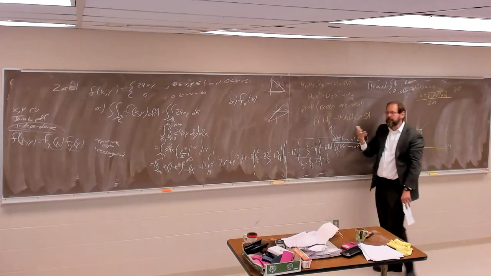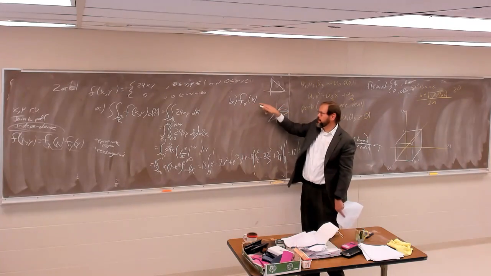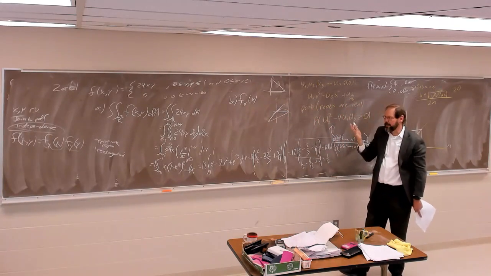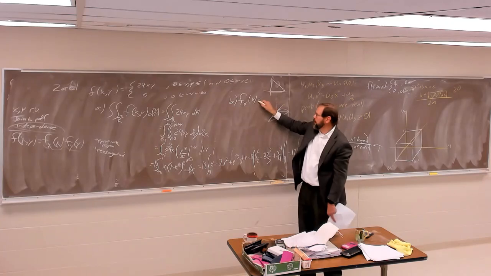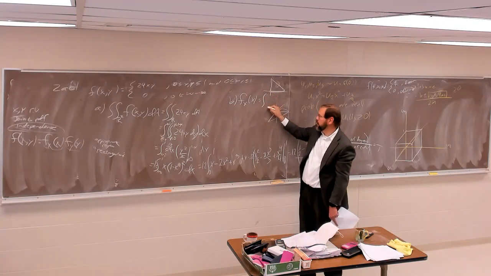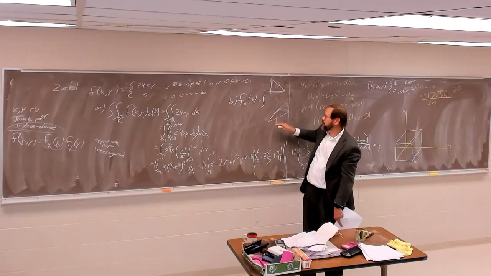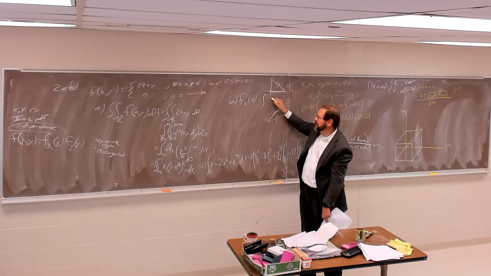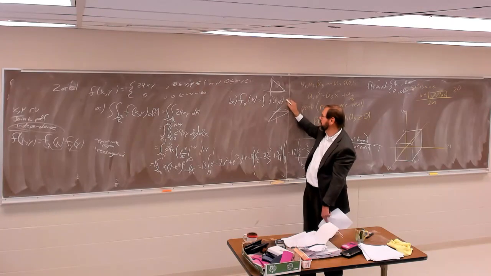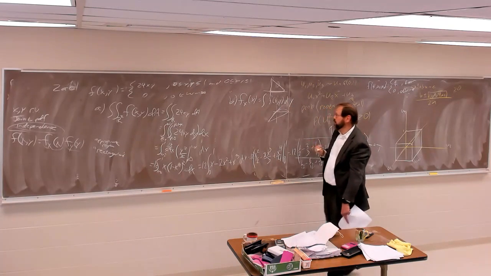So with the marginal density with respect to x, and we can just do it with respect to one of them because everything's symmetric again, I want to sum over all of my y values, right? And so I'm going to take my joint probability density function, and I want to integrate with respect to y.